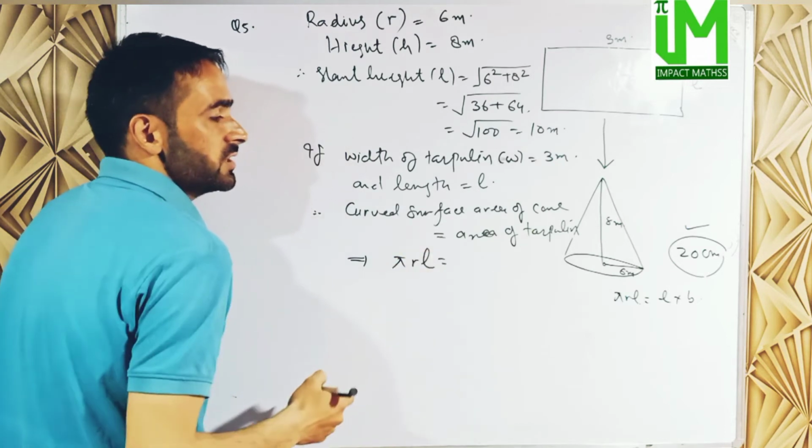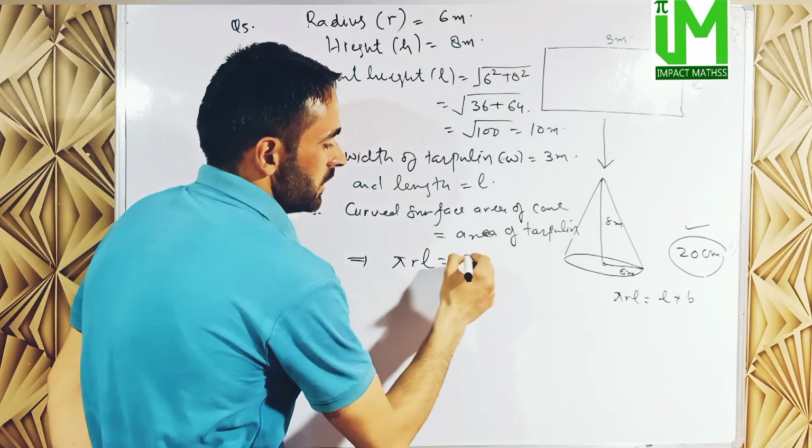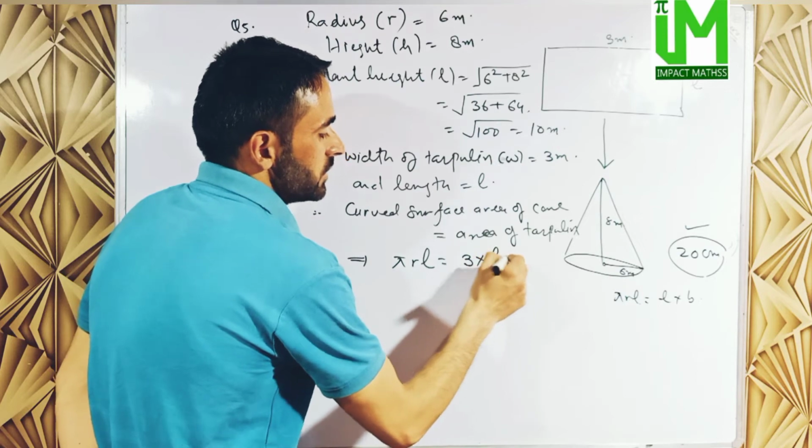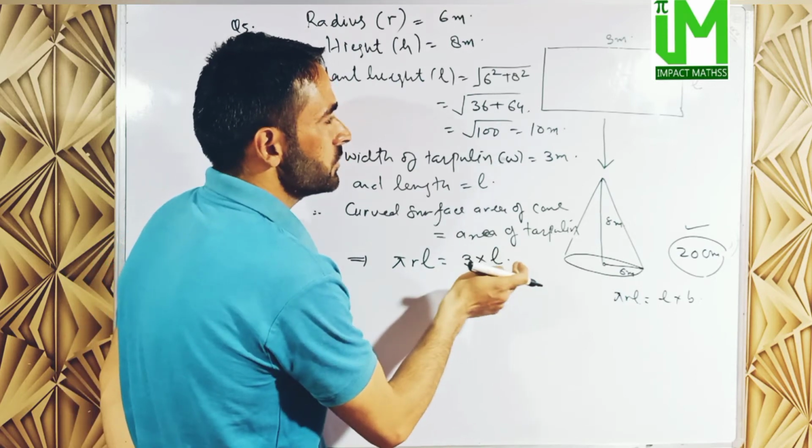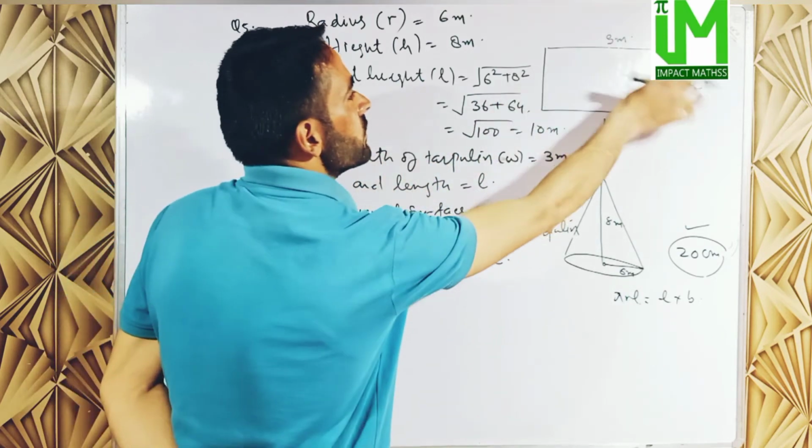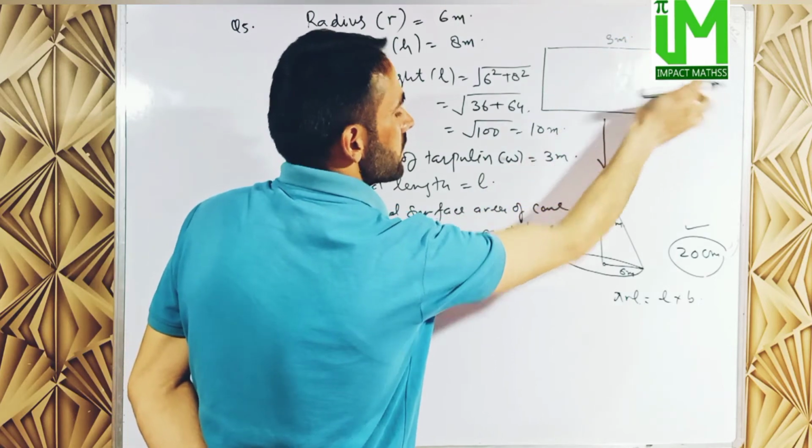Pi RL is equal to the area of the tarpaulin, that will be 3 into L, width into length.